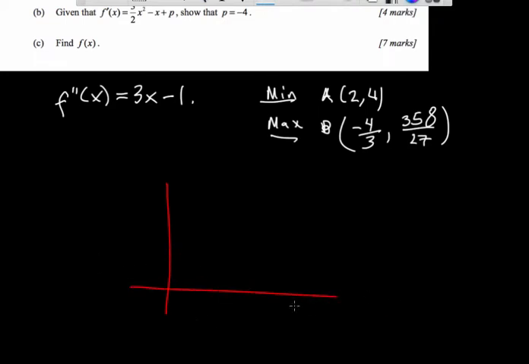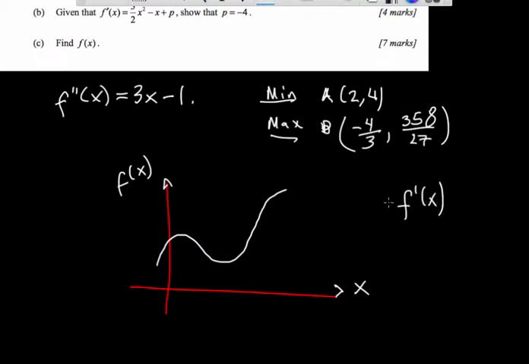It's a really bad line. Okay. So let's say that this is our function, f of x, and this is x. The meaning of the first derivative, I'm sure you know already, is just the gradient, or the slope.